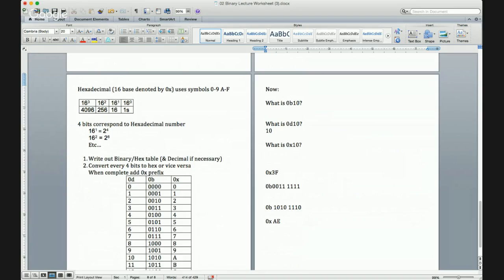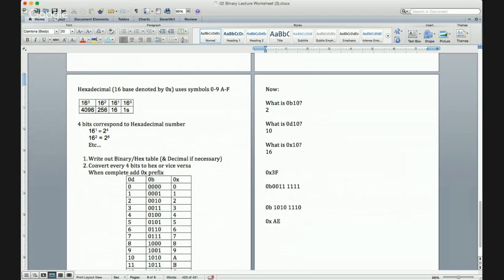So of course, binary 10 is decimal 2. Hexadecimal 10, I have no ones, but I have 1 sixteen.